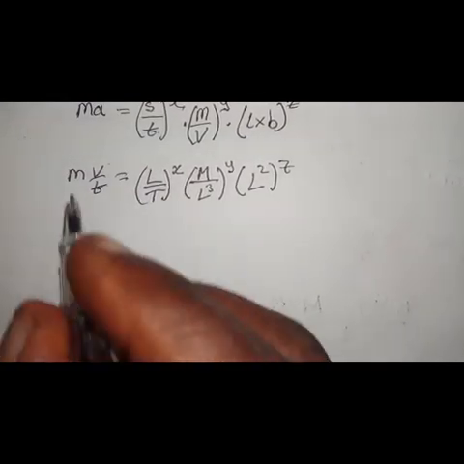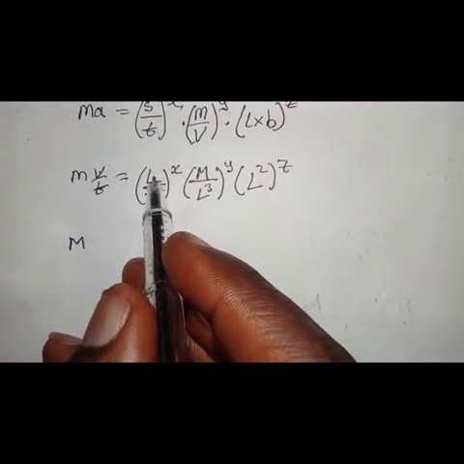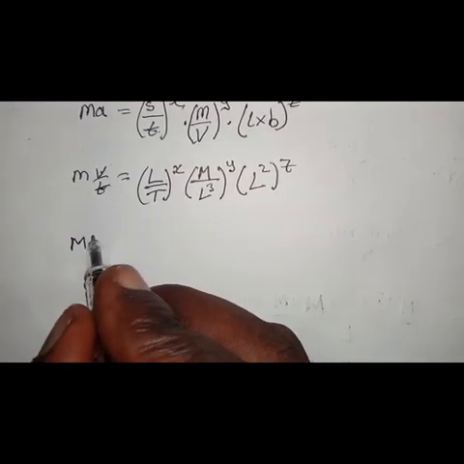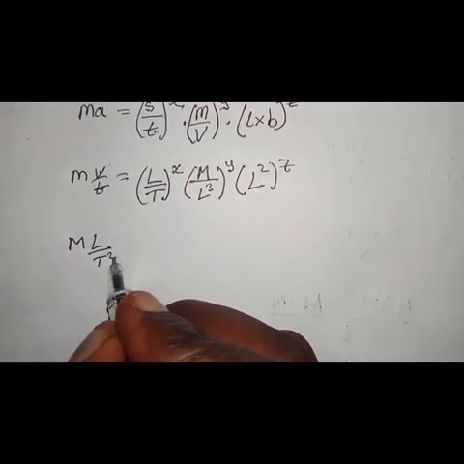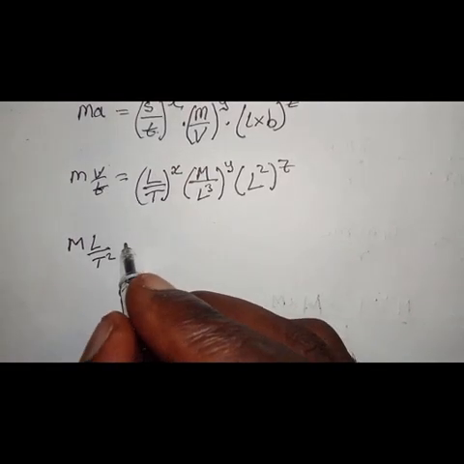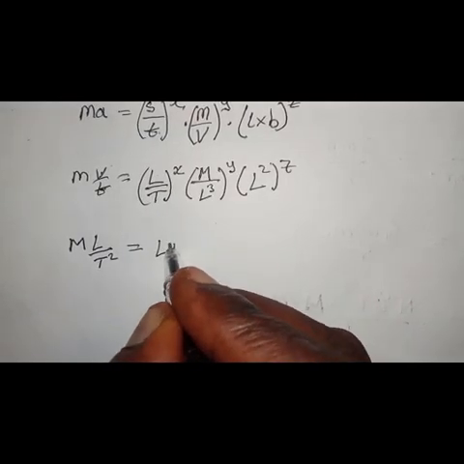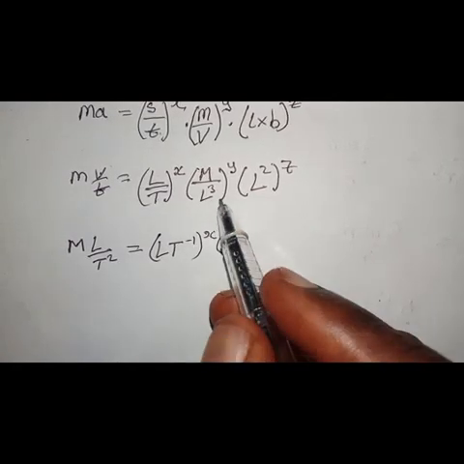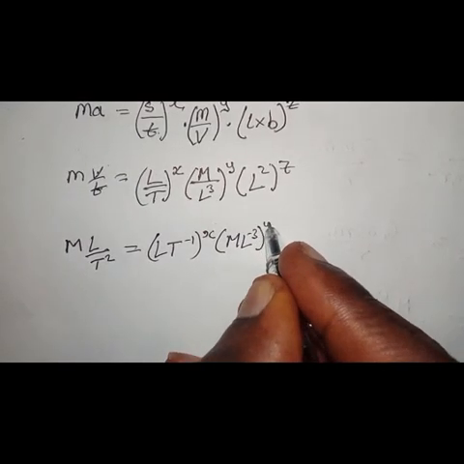So if that is the case, the dimension of mass here is m, and the dimension of velocity is the same as the velocity we have here, L over t, then divided by this t, we have L over t squared as the dimension of velocity over time. That is equal to, put this one together, we have Lt raised to power minus 1, all raised to power x. Put these two together, we have m L raised to power minus 3, all raised to power y.